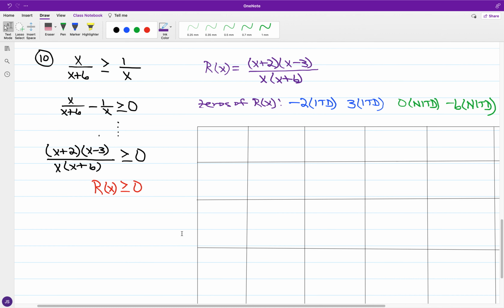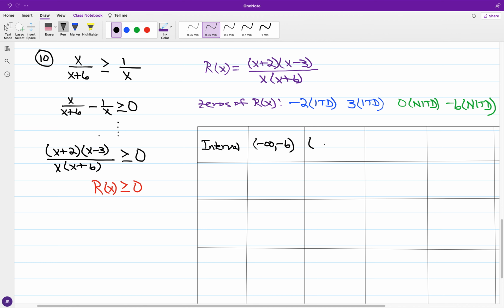And so, just creating the spread. For the intervals, negative 6 is the smallest of the zeros. So the first interval is those values less than negative 6.